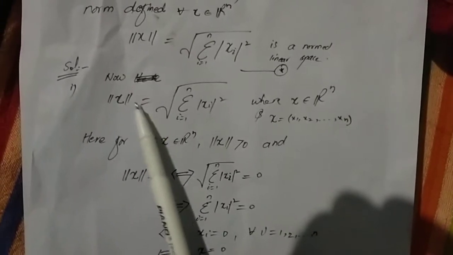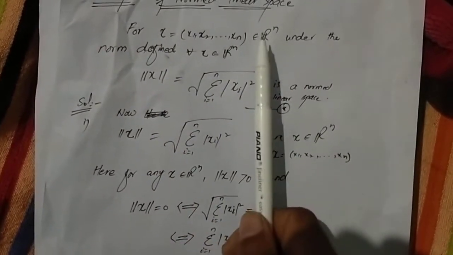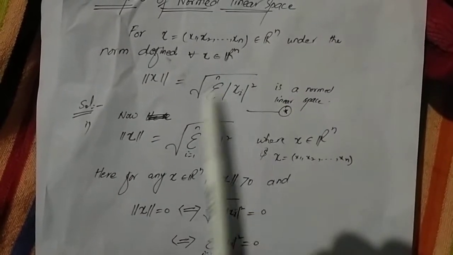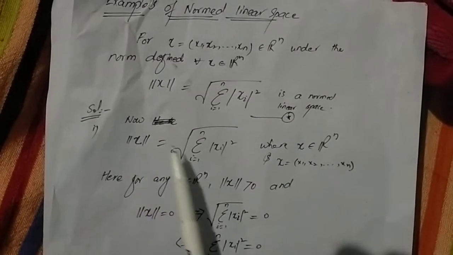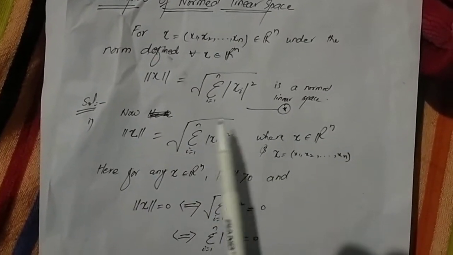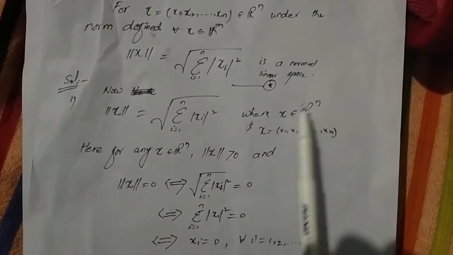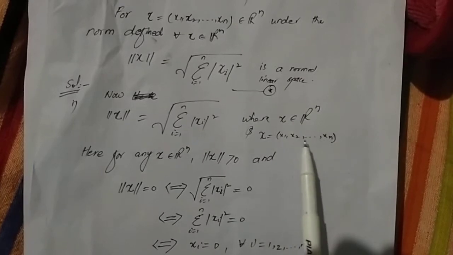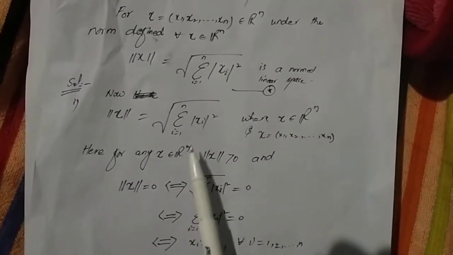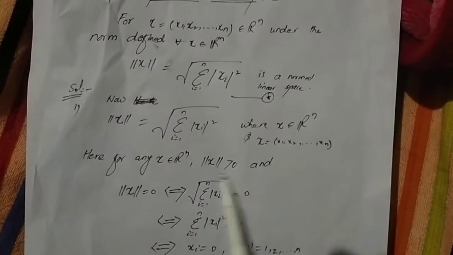Now we take the first condition, the norm of x. Take any element x belonging to R^n and take its norm, which is defined as the square root of the sum from i equal to 1 to n of xi squared, where the elements of R^n are like x1, x2 and so on. Here, for any x belonging to R^n, the norm of x must be greater than 0.